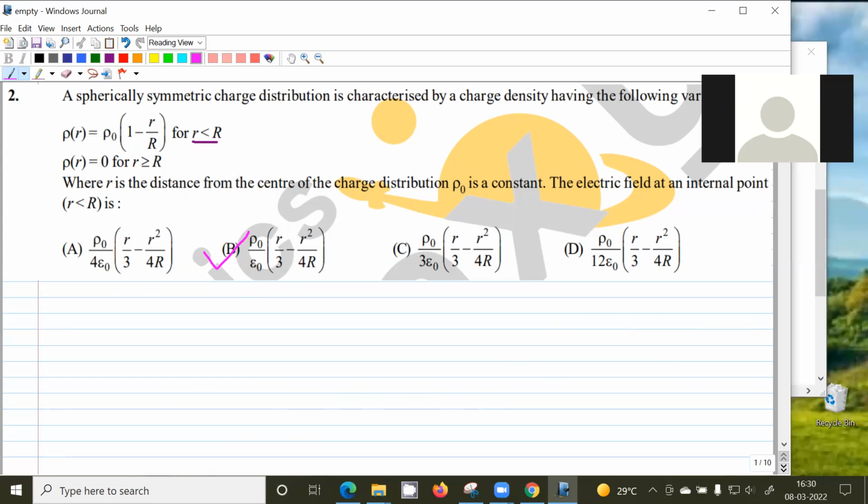So if you put r equal to infinity, it becomes infinity minus infinity. It's not determinate. Then you have to use L'Hopital's rule, right? Because can you do that?